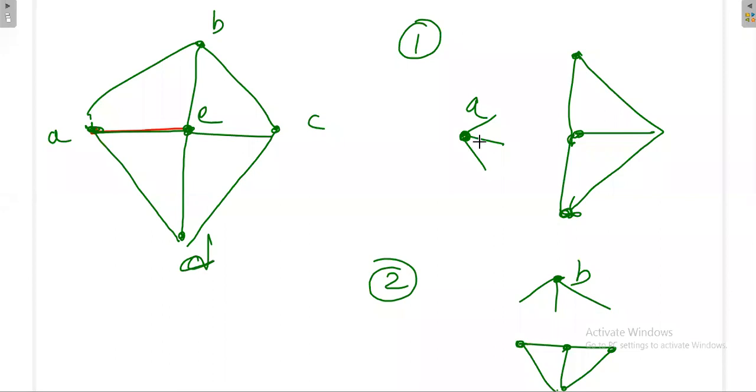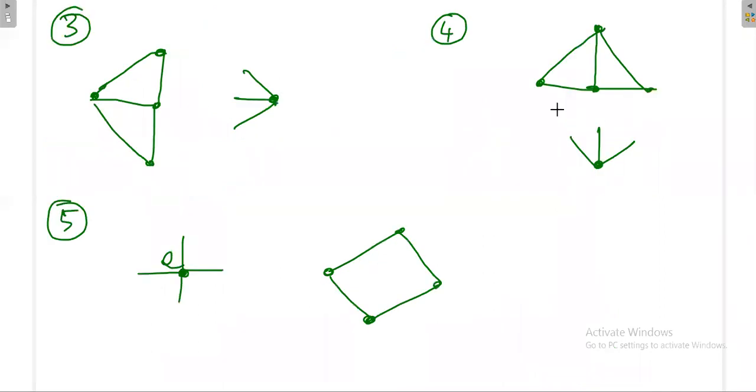These are all the 5 basic steps, where you are just separating one node. You can separate A or B or C or D, and finally you can separate E. Then what is another way we can do? See, this is the given question.